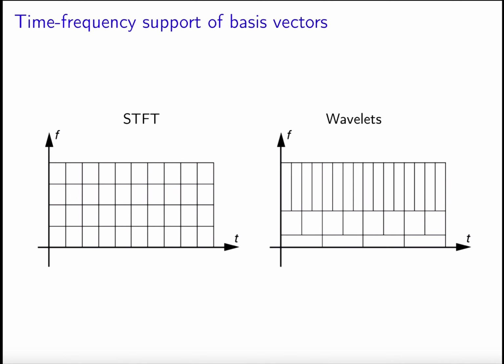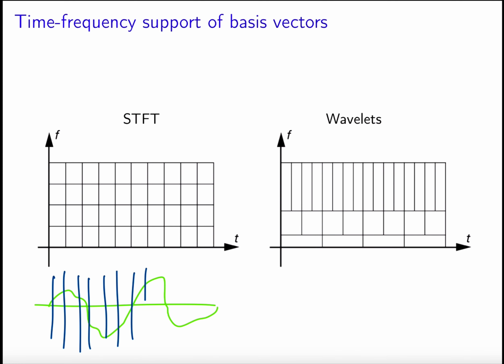So in the short-time Fourier transform, we're cutting up the signal. So we have a signal like this. We're cutting it up in segments with the same length. And then within those segments, we were actually looking at different frequencies. So in a way, we were looking at different resolutions or scales, as I said before, but for fixed segments, okay?